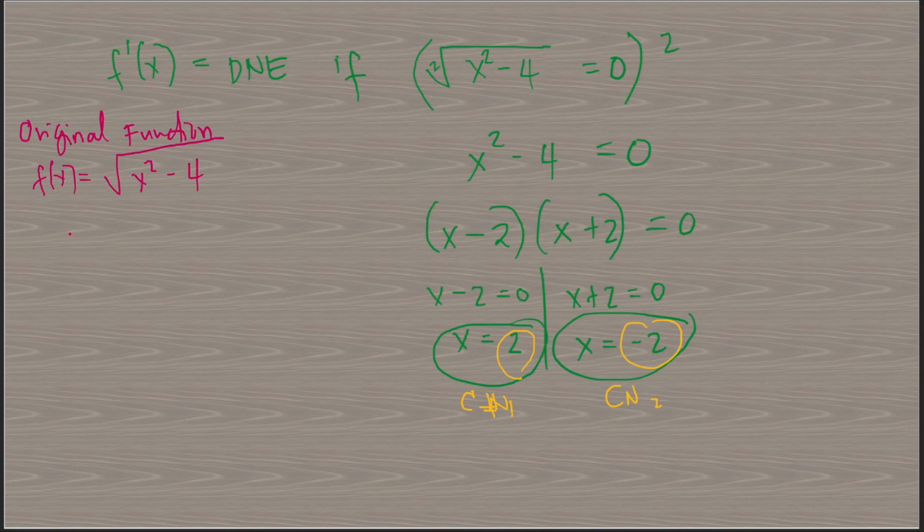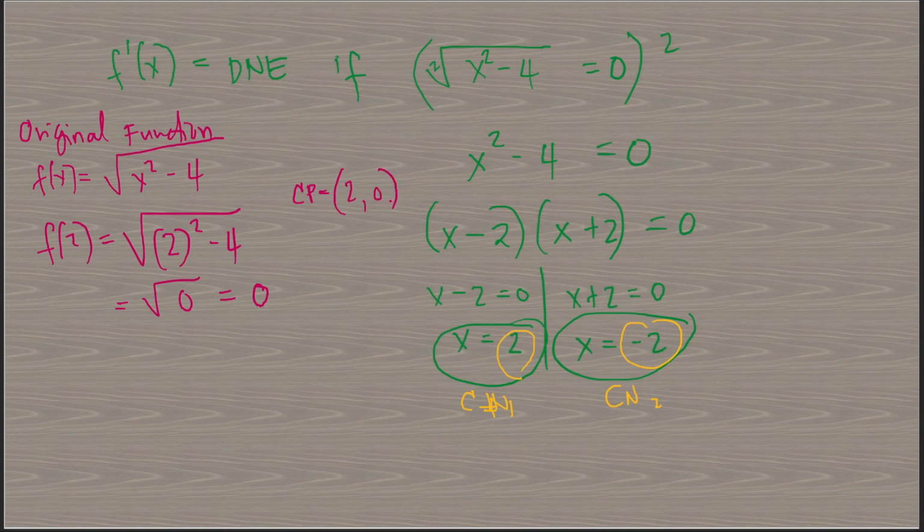Our first critical number is 2. If we substitute positive 2, the answer would be the square root of 2 squared minus 4. 2 squared is 4, minus 4 is 0. The square root of 0 is 0. So the first critical point is (2, 0).